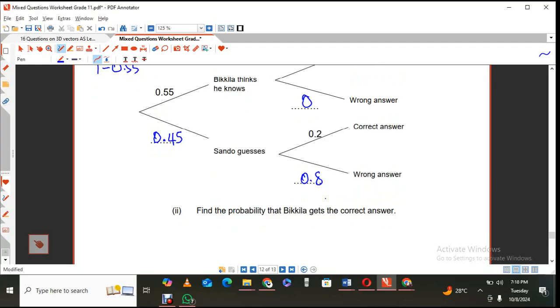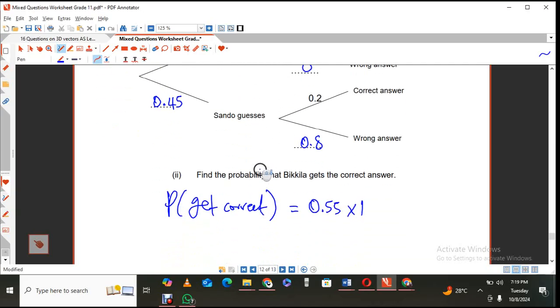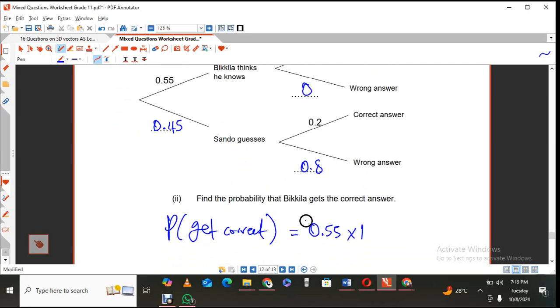Now it says find the probability that he gets the correct answer. So the probability that the guy gets correct answers will be a combination of 0.55 times 1, because if you go around here, you have 0.55 things he knows, but then he gets correct times 1, so along there you multiply, because we are adding, consider also the other one, plus another one he guesses, which is 0.45, and then he gets correct 0.2.